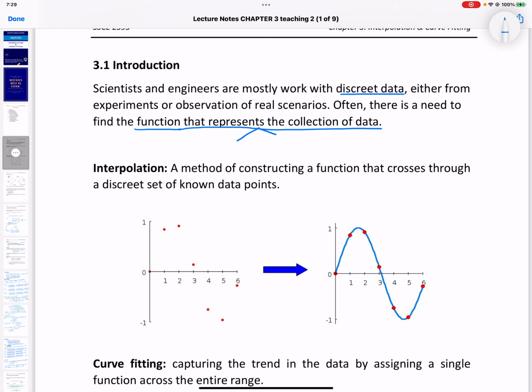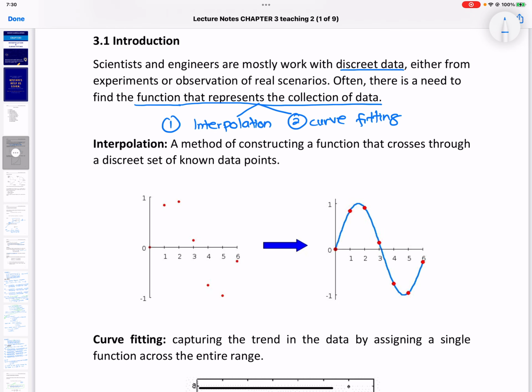So, we have two types of method, which are interpolation and curve fitting. Okay, we look at the difference between interpolation and curve fitting.